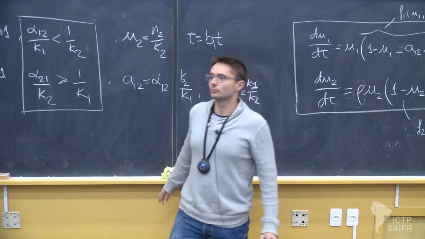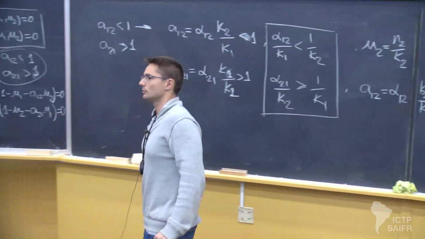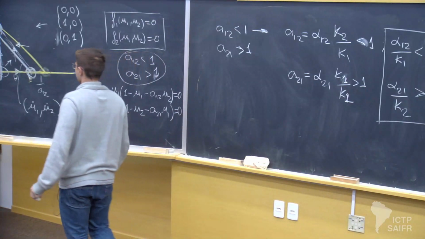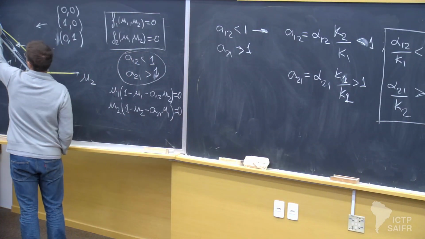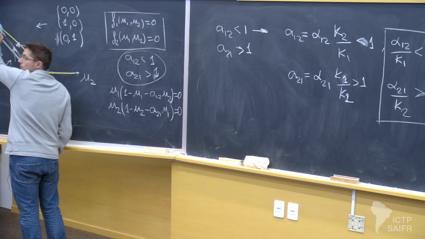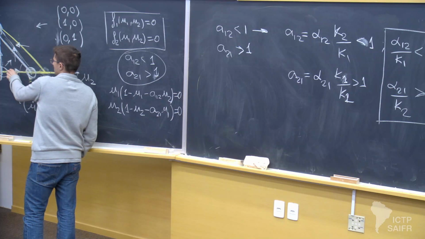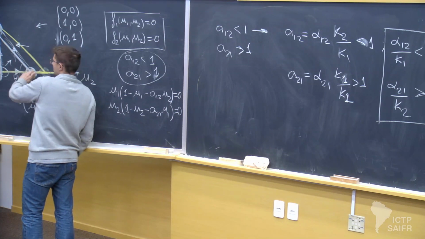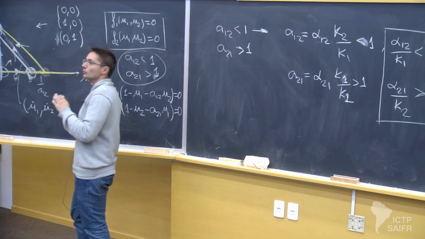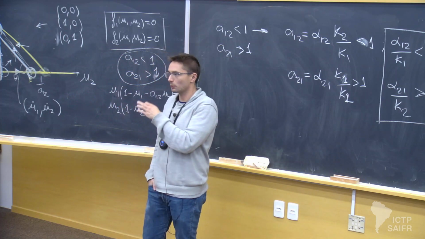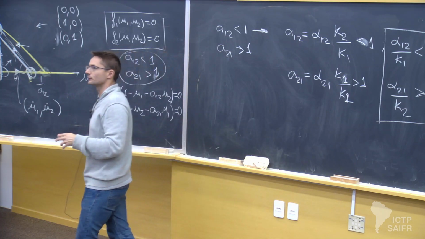So the first one is not a stable fixed point. The second one is a stable fixed point, and the third one is a kind of semi-stable one. It is stable only in this direction, and it's unstable in all the other directions. We're going to do the linear stability analysis properly now, and we're going to see what it means. Okay.